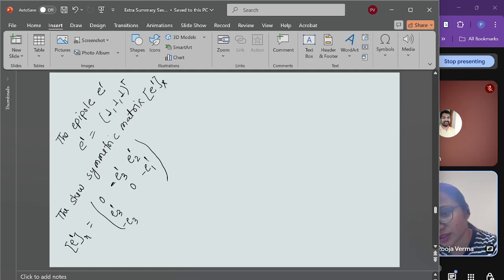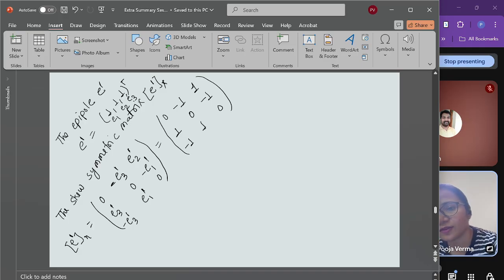So just put all the values. All the values are 1, so here we get 0, minus 1, 1; 1, 0, minus 1; minus 1, 1, 0. This is e1, this is e2, this is the corresponding e3 value. If the values are different, just remember this.